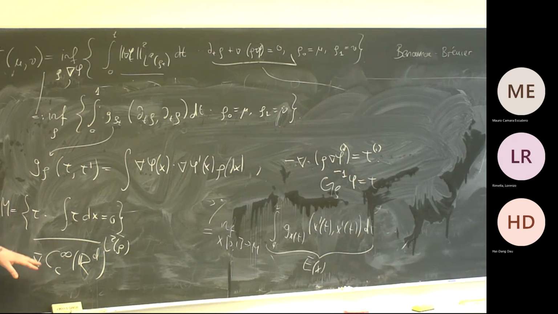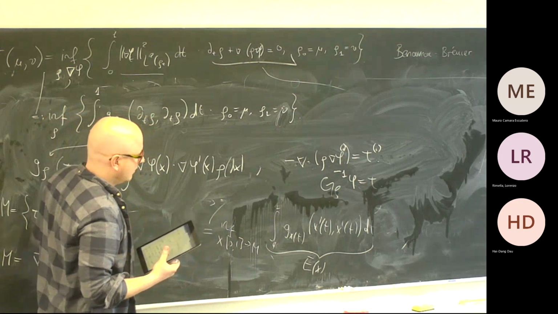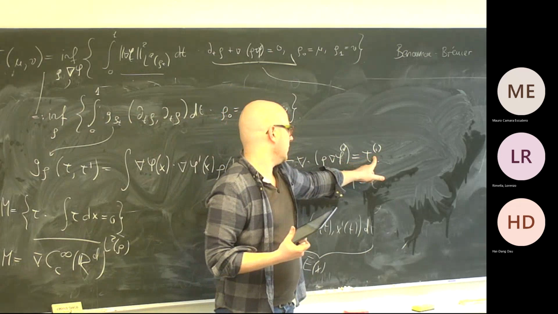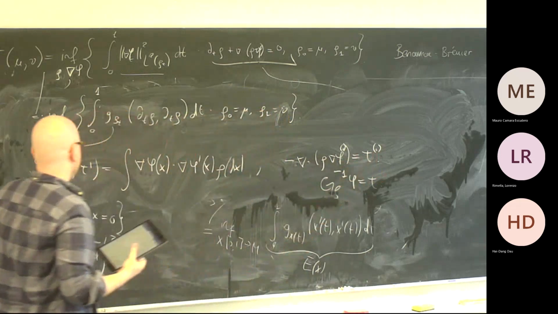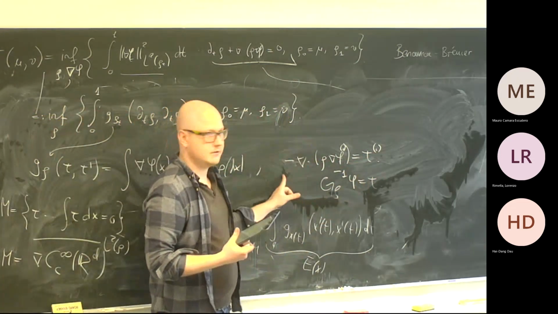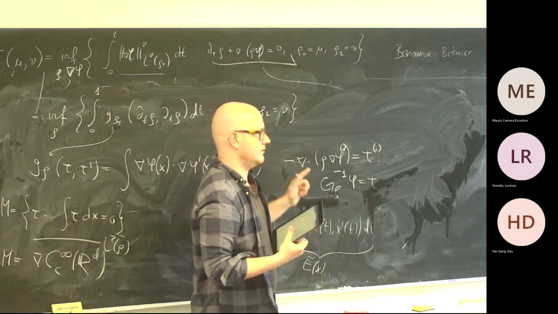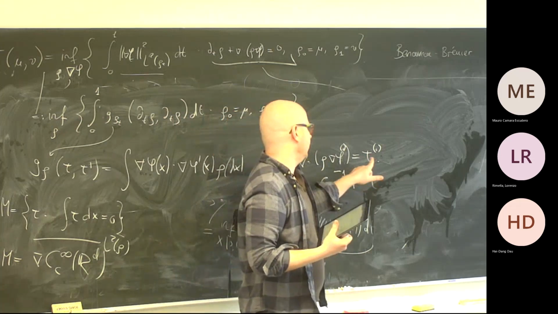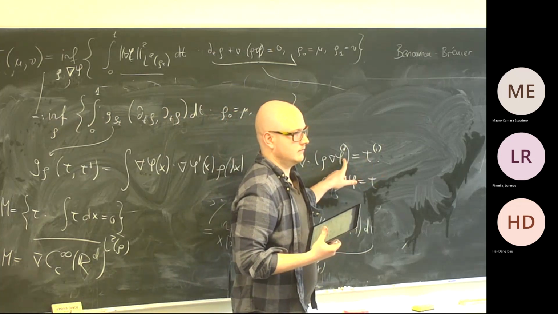This is a slight lie, because for any phi, you can certainly compute tau. Also, this will always have mean 0, because if you integrate and do integration by parts, it will have mean 0. But on the other hand, you can ask the question of whether for any tau you can find a solution here.